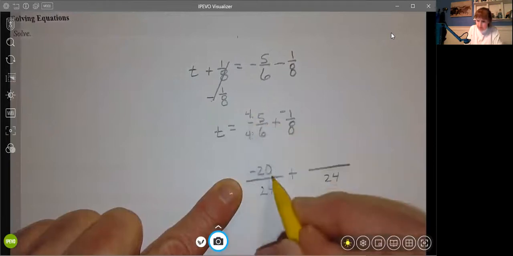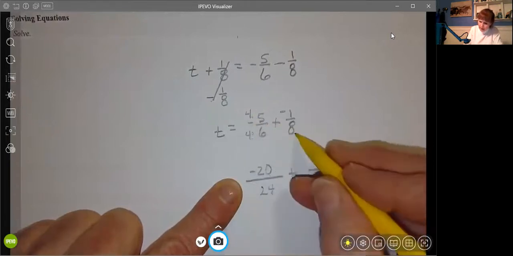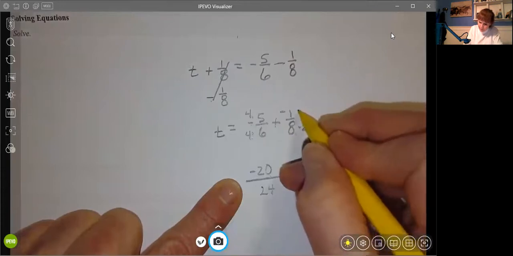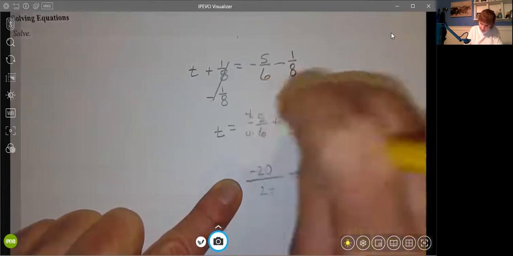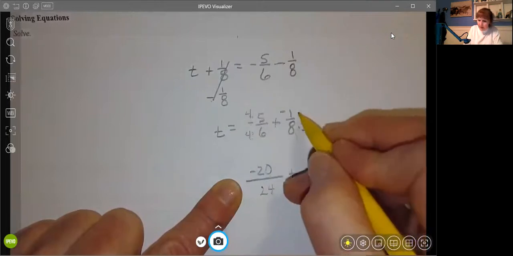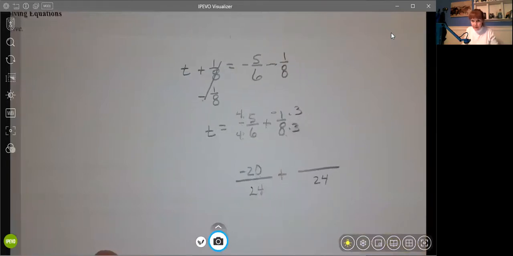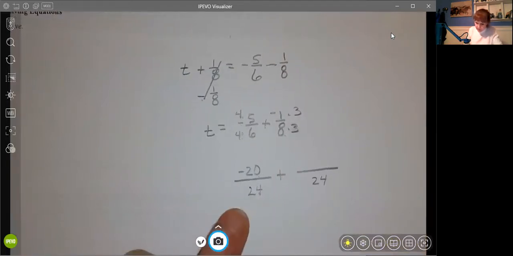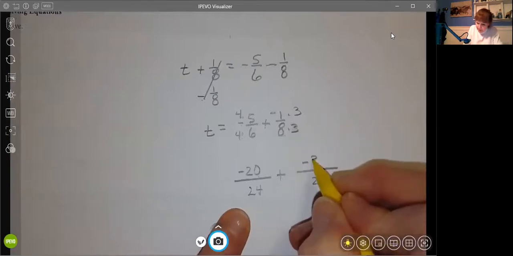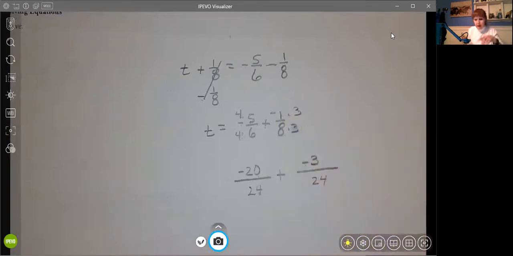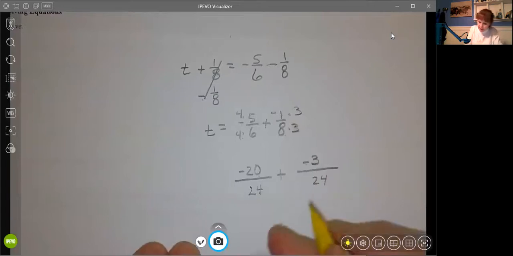Negative 5 times 4 is a negative 20. 8 to 24 is times 3. Oh, I don't know why I put in 2. Times 3, times 3. So you end up with negative 3 over 24. Okay, so now we have the same size. Combine our numerators. If you have a negative 20 and you add 3 more negatives, you get a negative 23.